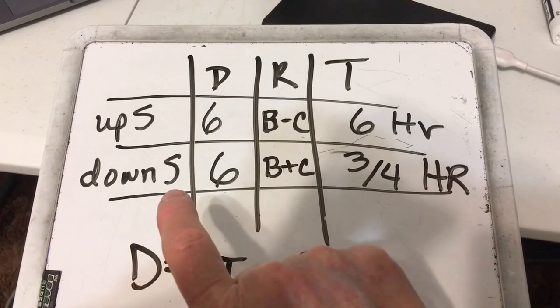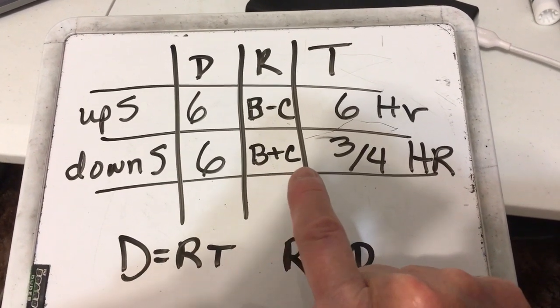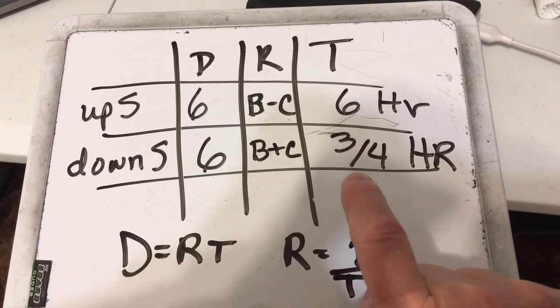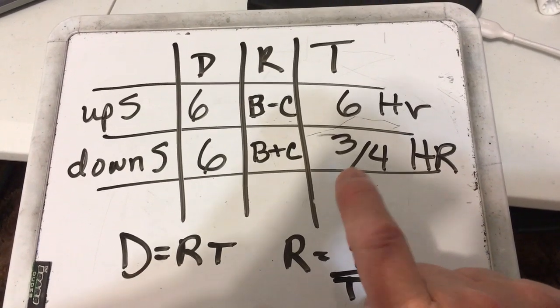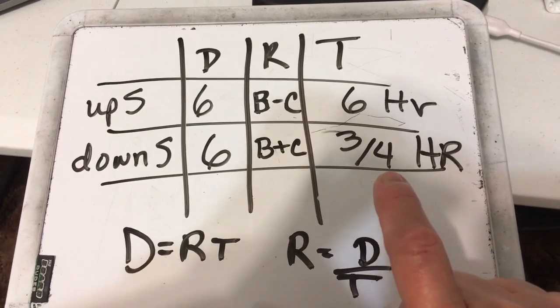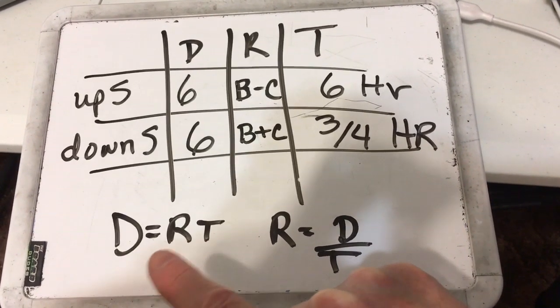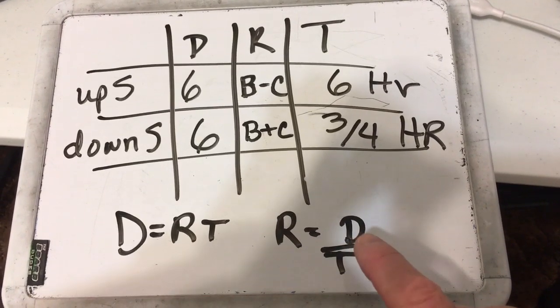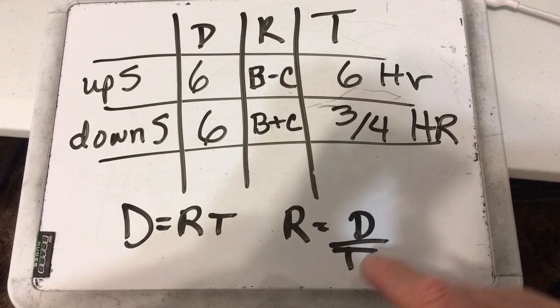And then downstream, the current is pushing it along, so it'll be the speed of the boat plus the current. And it took them 6 hours to go upstream, but only 45 minutes. You must write everything with the same unit of time. Here's our ruling equation here. Distance is rate times time, which means that rate is distance over time. So now I'm going to go to board 2 here.